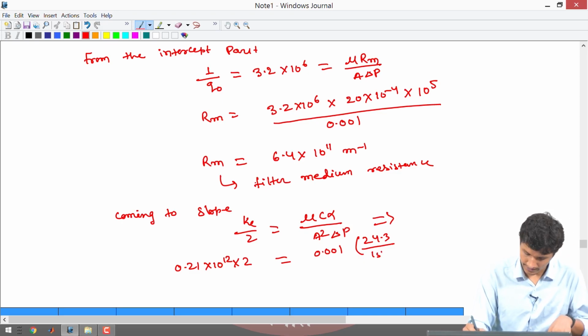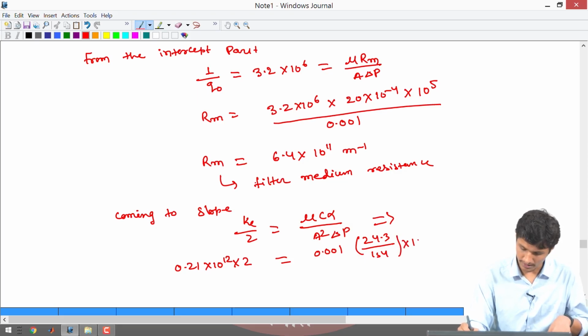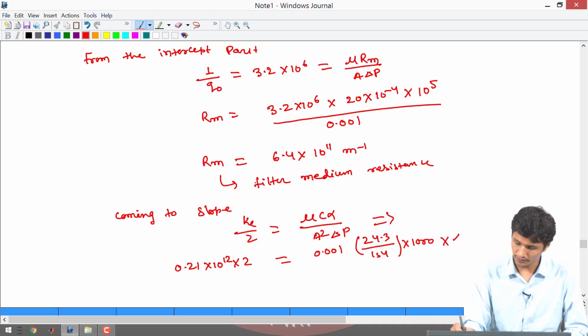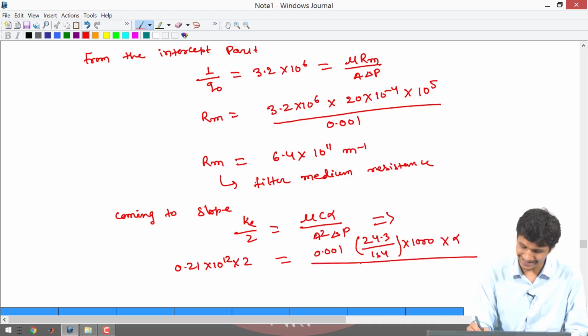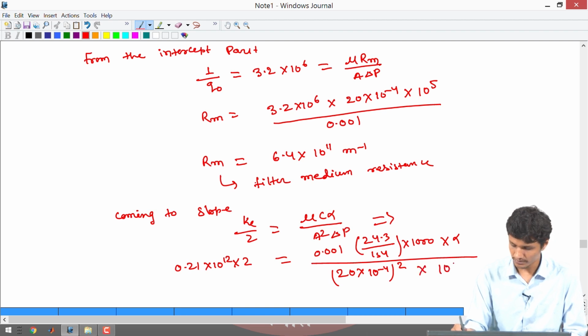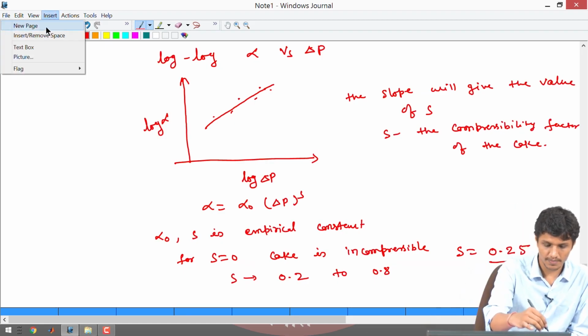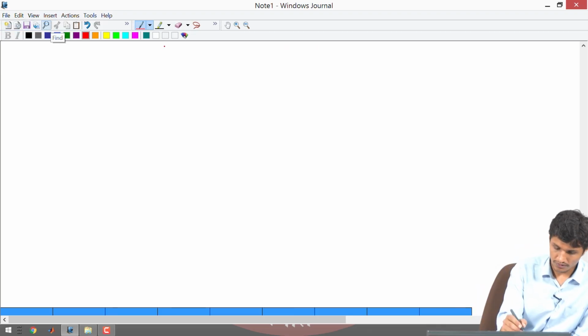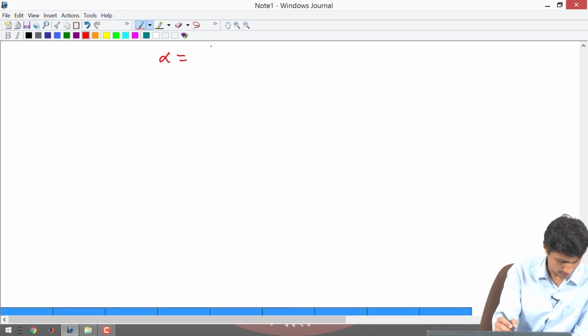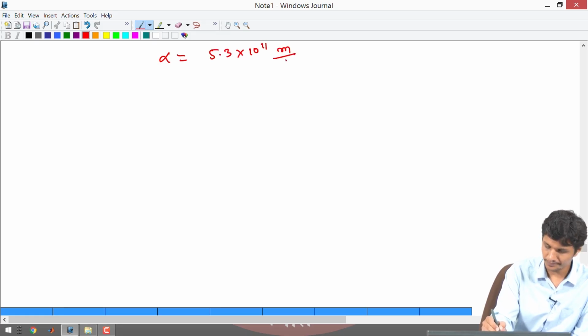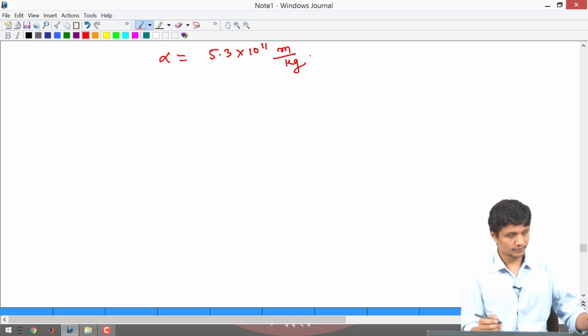From that we can get the concentration. In SI unit I have to multiply it by 1000, into alpha divided by area square, 20 into 10 raised to power minus 4 square, into pressure drop 10 power 5. So from the calculation alpha comes equal to 5.3 into 10 raised to 11 meter per kg. Thank you.